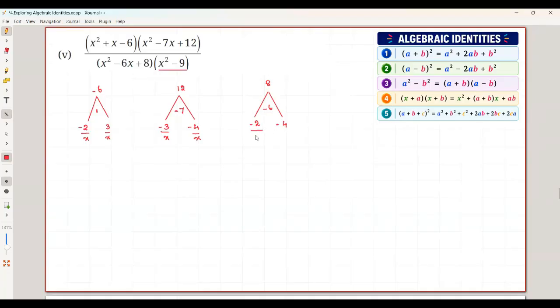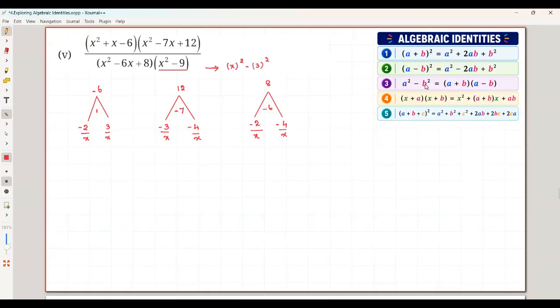The variable is x, so here also x. Only for this last one I have to use the identity. This is in the form a square minus b square, so this can be split as x square minus 9, that is x square minus 3 square, in a square minus b square format.